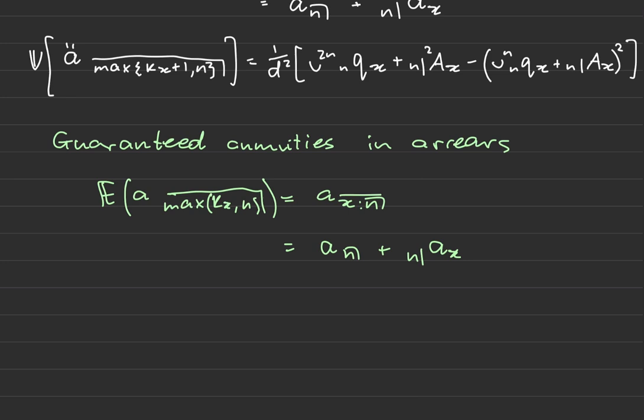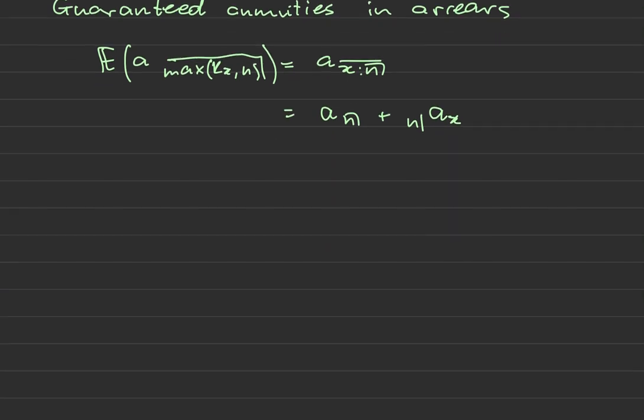Now I'm not going to explain this because it's the same reasoning that I used for the guaranteed annuities in advance. Now the variance for this, be careful here, it's not exactly the same.